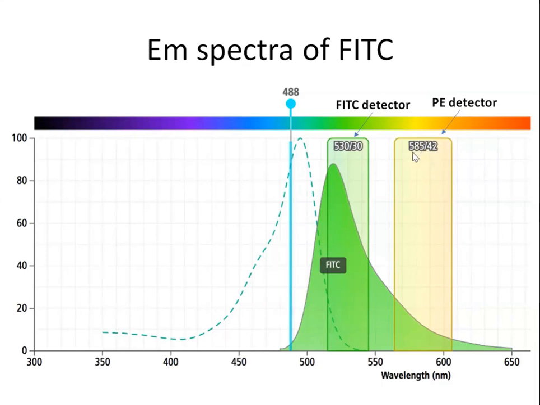So anything between 540 and 620, the PE detector will take up. So some part of the fluorescence emitted from the FITC fluorochrome can get collected in the PE detector, which should not happen. This spillover of FITC light into the PE channel, or the FL2 channel, is called spillover, and the process of correcting this is called compensation. Is that clear?